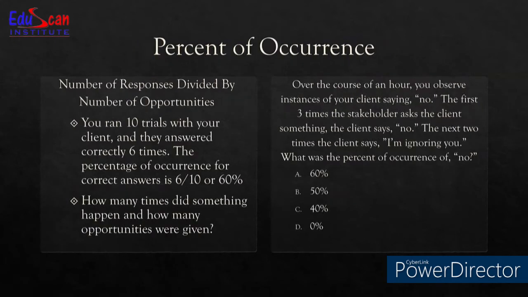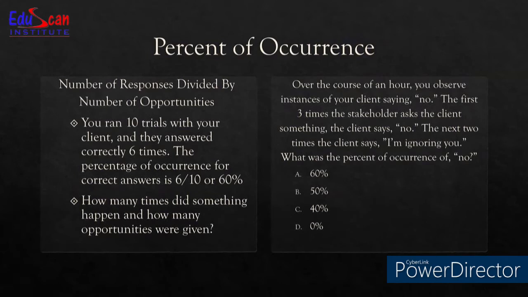Percentage of occurrence: the number of responses divided by the number of opportunities. You ran 10 trials with your client and they answered correctly 6 times. The percentage of occurrence for the correct answer was 6 out of 10, that is 60%.